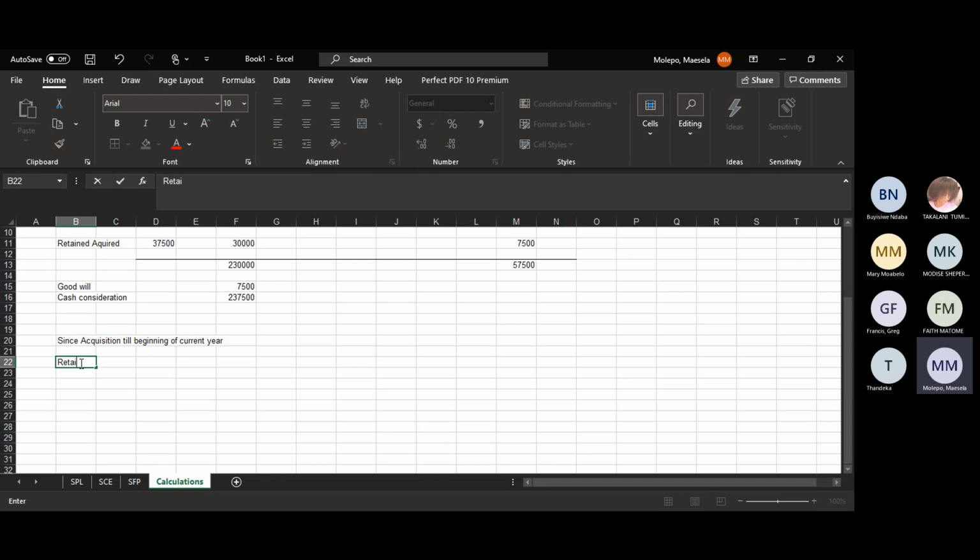But in this case, to be on the safe side, it's useful to calculate your retained earnings. So the retained earnings will be the balance or the given figure. Sometimes I use it as a given figure.